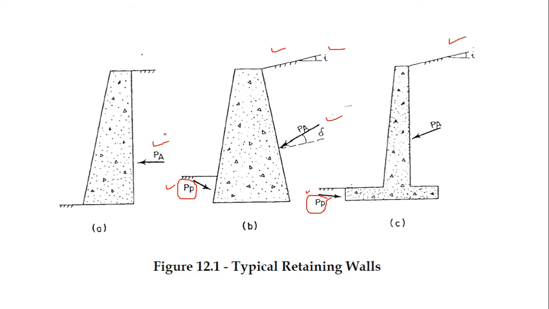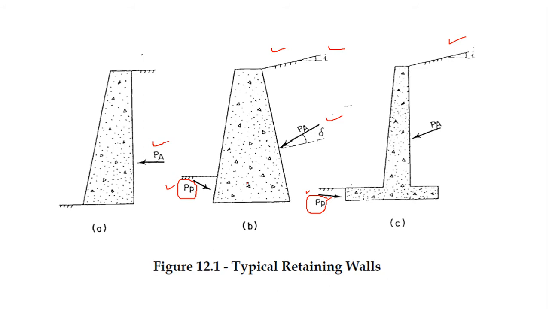So this is the active pressure and the passive pressure. The terminology is related to the active and passive pressure of the earth or soil, which we have studied in geotechnical engineering. In the next slide we are going to revise all those concepts regarding active and passive pressure of the soil.